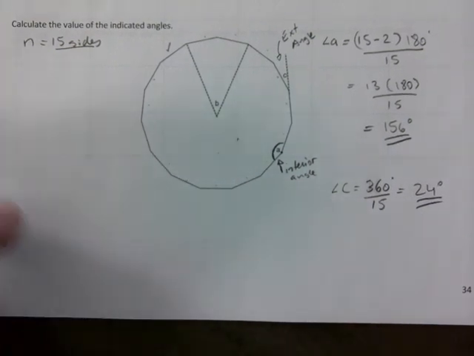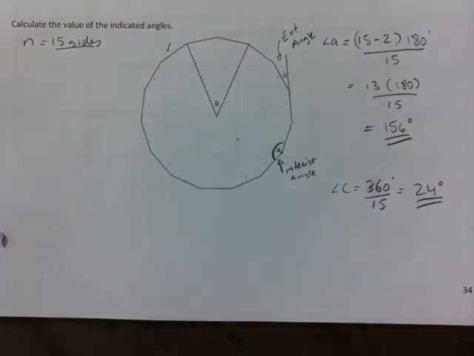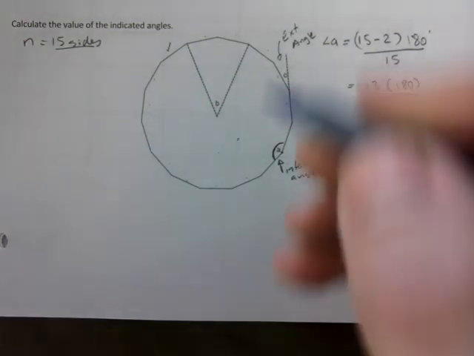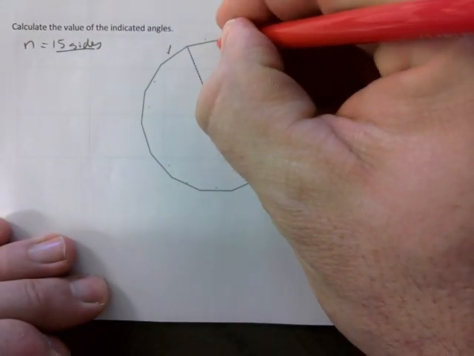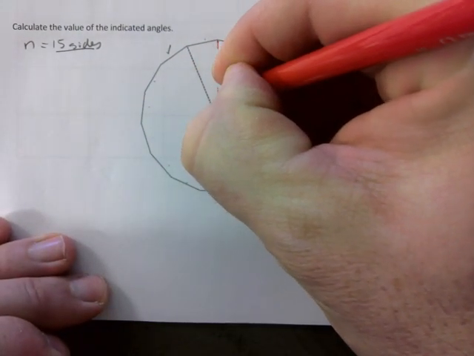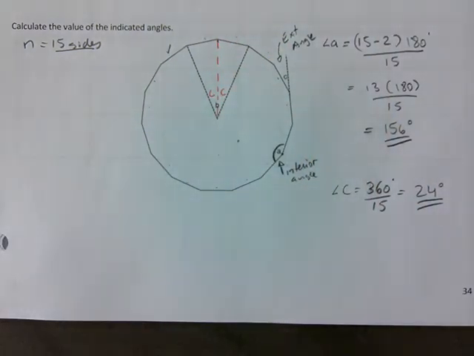And what is B? Be very careful before you answer. Look at the whole thing. Is B a central angle? It's how many central angles? Exactly. So I'm going to cut this here. That's a central, that's a central.